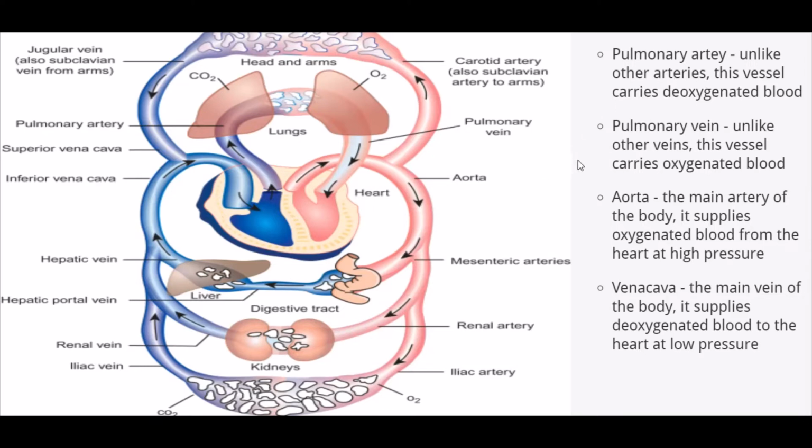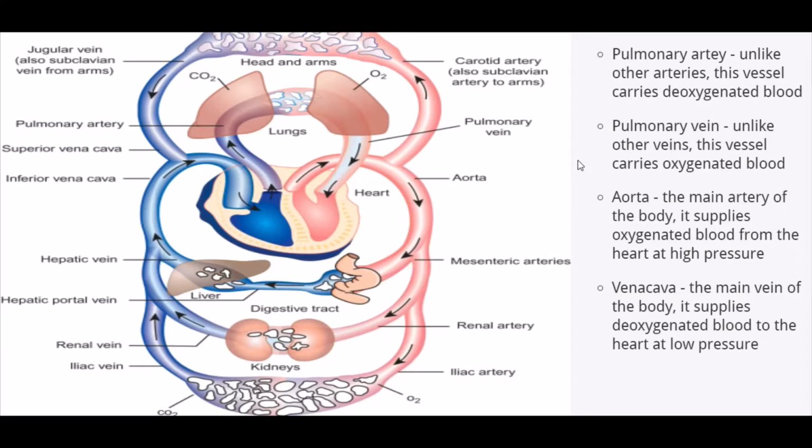Unlike other arteries, which are meant to carry oxygenated blood from the heart out to the body tissues, the pulmonary artery, which is linked to the lung, carries deoxygenated blood. While the pulmonary vein, the lung vein, unlike other veins, carries oxygenated blood. They are the only ones that do a separate work apart from other arteries and veins.